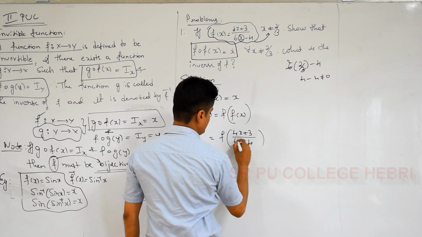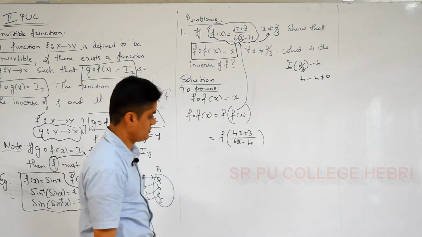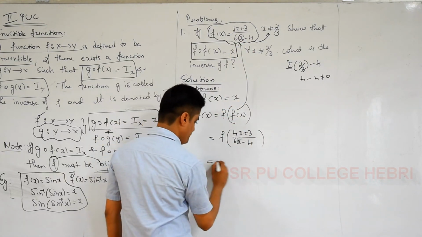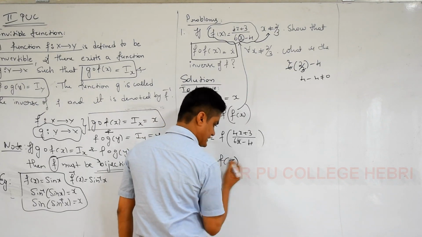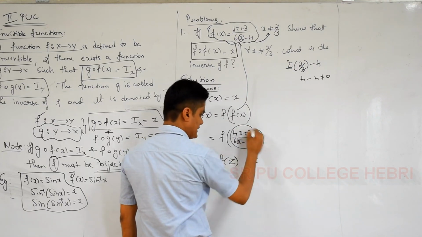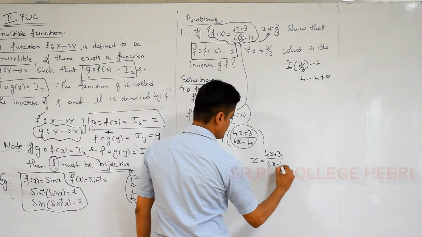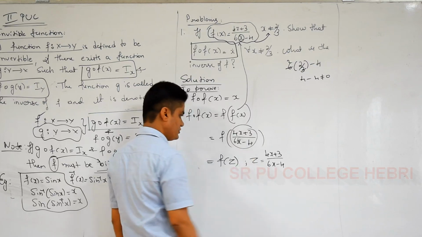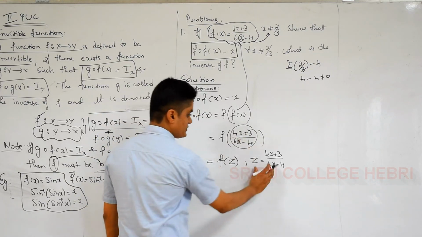Just substitute, replace f of x by whatever is given in the question. You can proceed as it is, or as in the last video, I will use the same procedure I used in composition. You can do it directly, nothing to worry, but if you are a beginner to composition, it is better to solve like this. Take this whole thing as z, so z is equal to this.